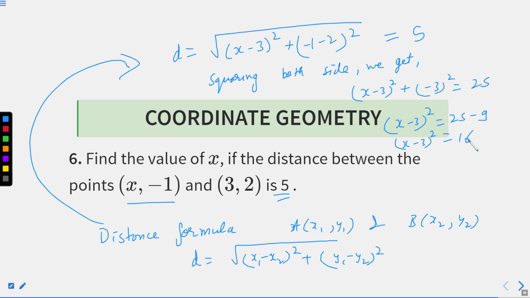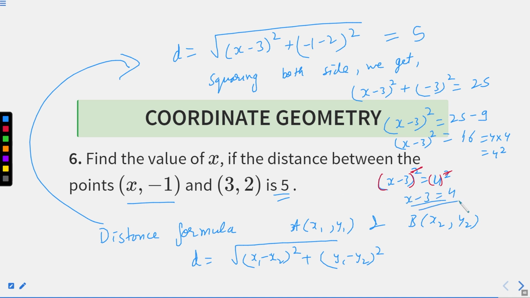We can write 16 as 4 into 4, which is 4 square. So (x - 3) square is equal to 4 square. We don't always cancel out like this; only when we have this type, where the whole thing is square equal to something that is also a square, can we easily cancel them out.